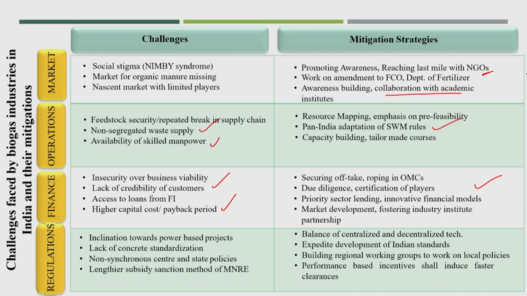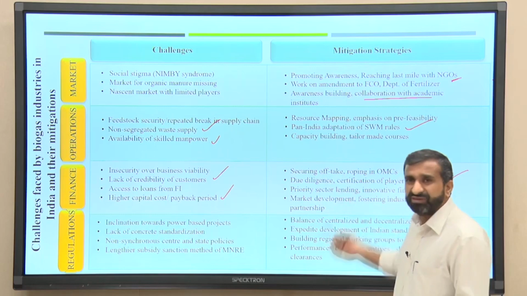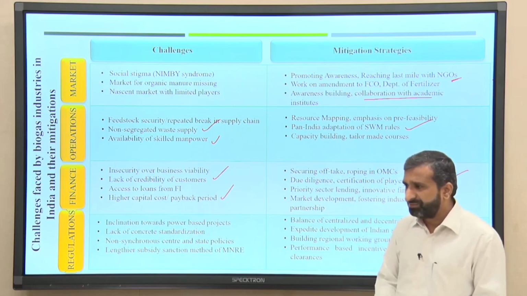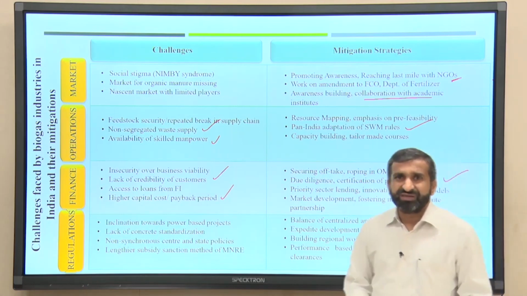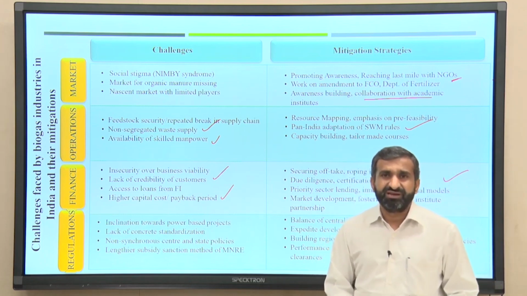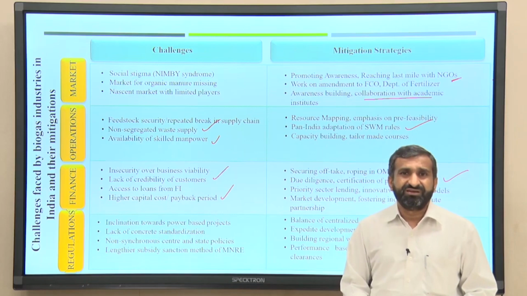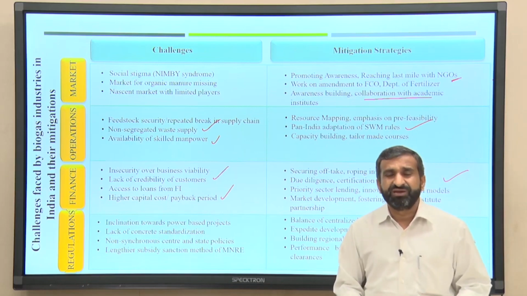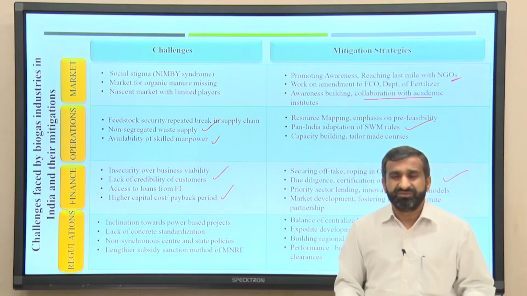See, challenges could be there for any kind of treatment facility, but there will be some mitigations. When you talk about a centralized facility, obviously you have to depend upon proper policies, and from the local authority you will require a lot of help.